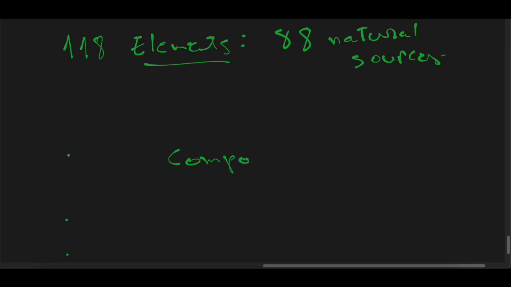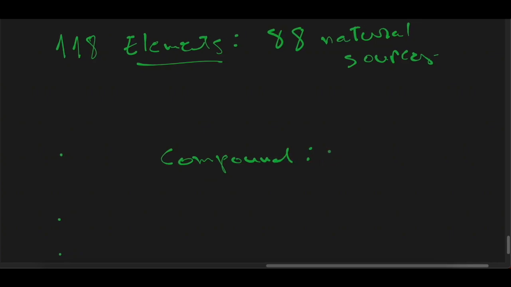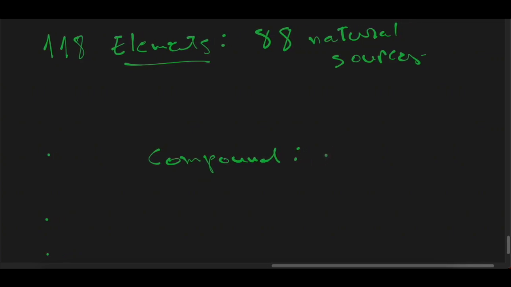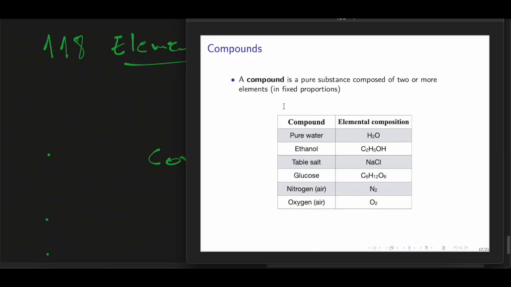So a compound is composed of different elements, at least 2 or more. These elements present in the compound are in fixed proportions.